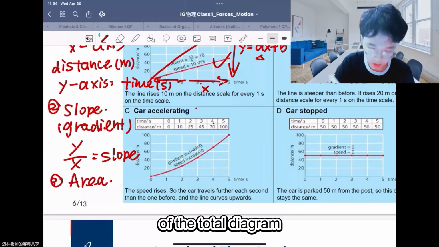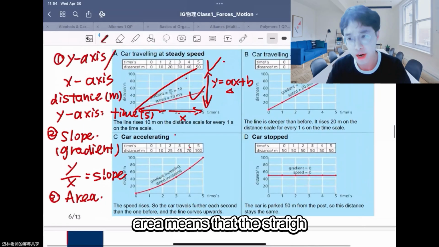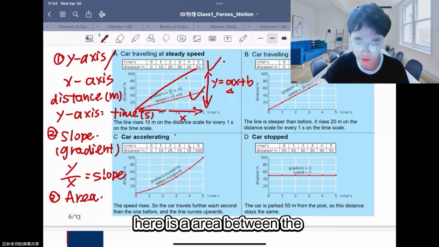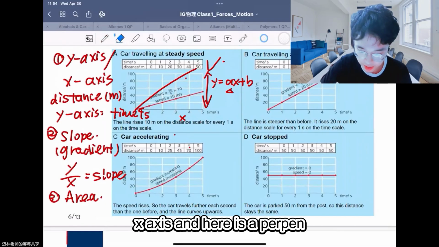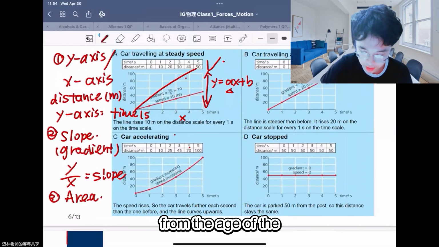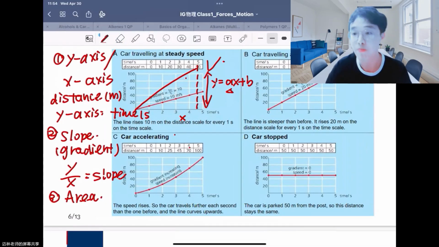Area means the region between the straight line and the x-axis, with a perpendicular line from the edge of the straight line.